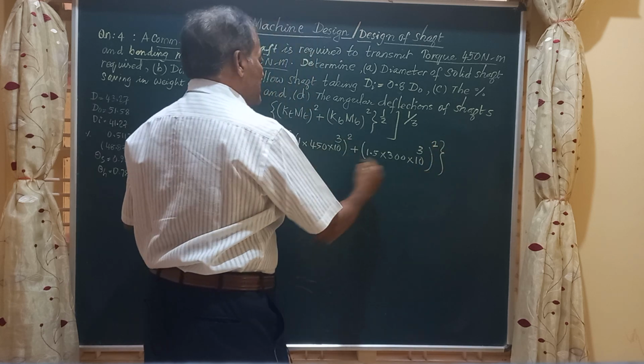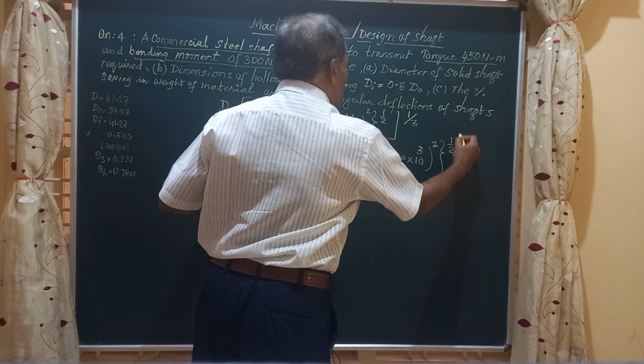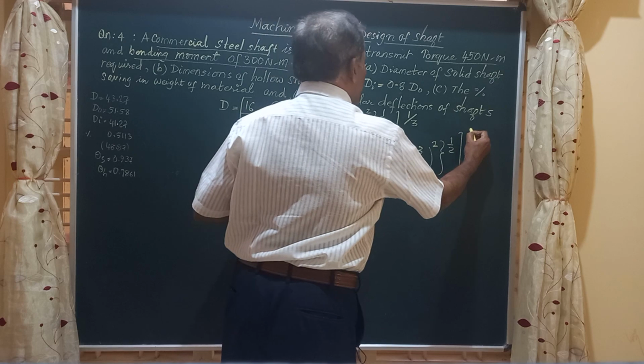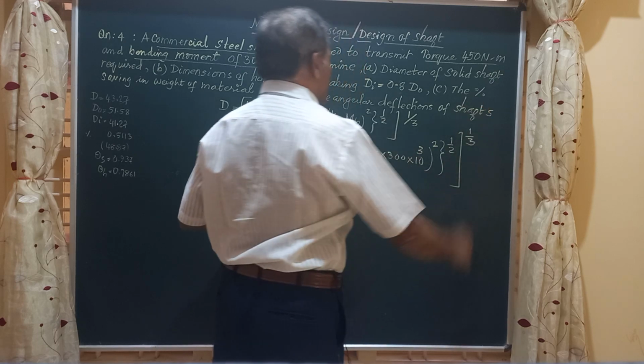This quantity to the power half, and the whole quantity on the right hand side is to be raised to the power 1 by 3.